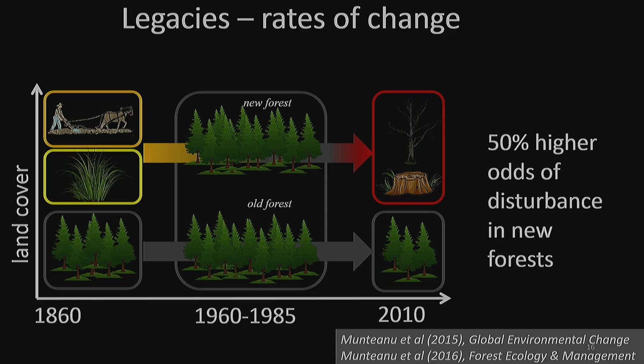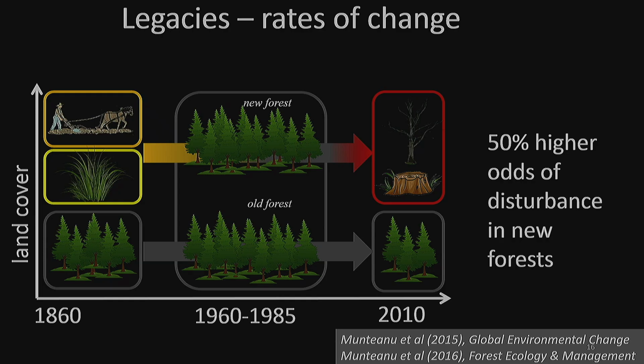And legacies can go even farther back in time, and I showed you on this initial graph historical maps, and this is data that comes from these studies that were done in collaboration with many partners across Eastern Europe, showing that there are legacies in the rates at which the forest is changing.